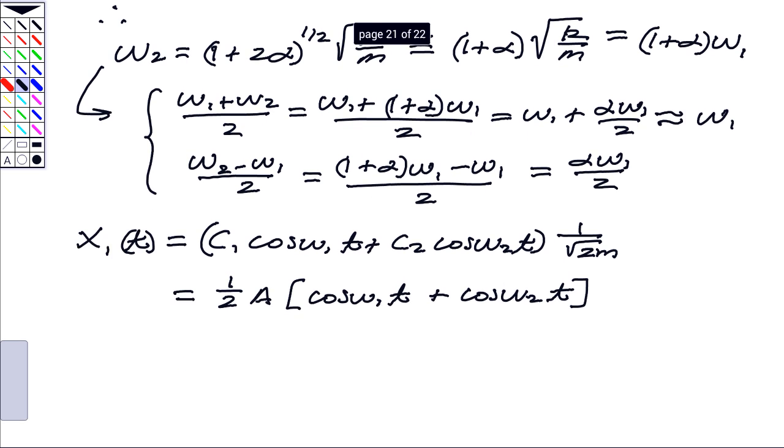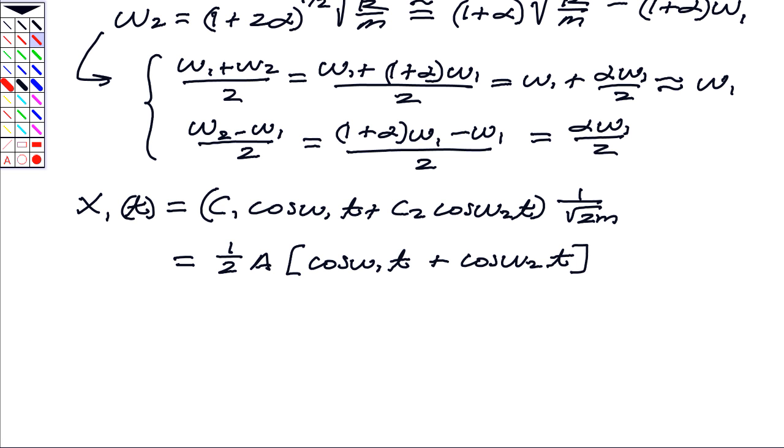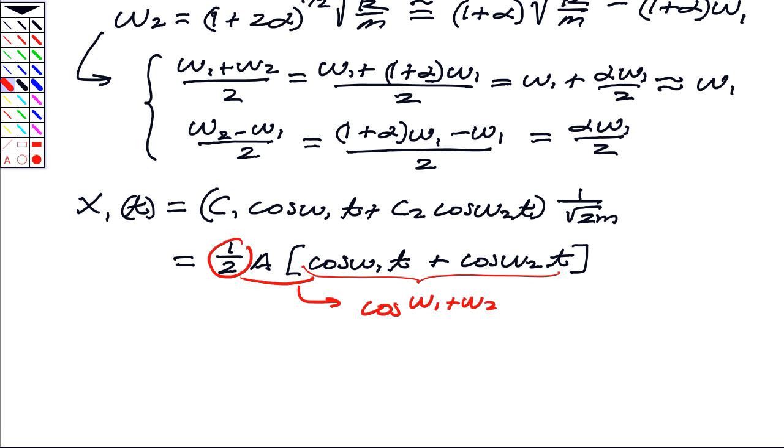I'm going to use a trig relationship here. This trig relationship that I'm going to write down is equal to, with the half there in front, cosine of omega 1 plus omega 2 over 2 times t, times cosine of the difference of omega 2 and omega 1 divided by 2.